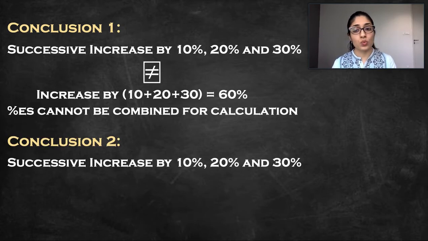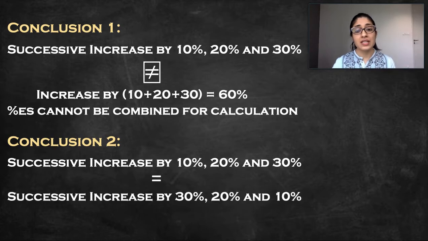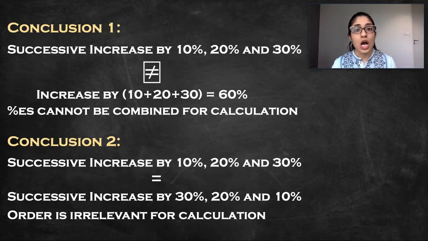Second conclusion we draw is, successive increase by 10%, 20% and 30% is equal to increase by 30%, 20% and 10%. So what I basically mean here is, order of percentages is not important. In any order you increase, your end result will always be the same.